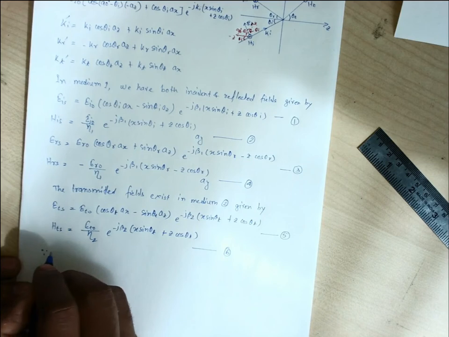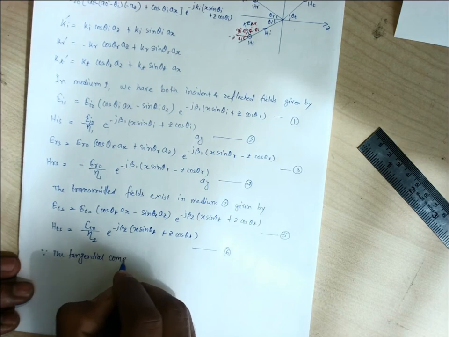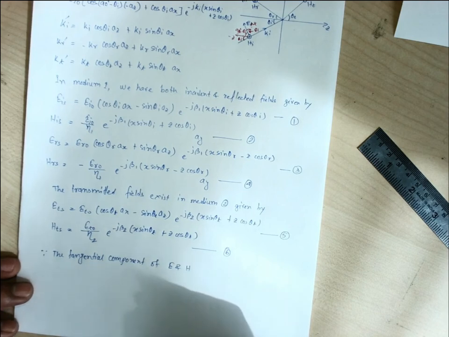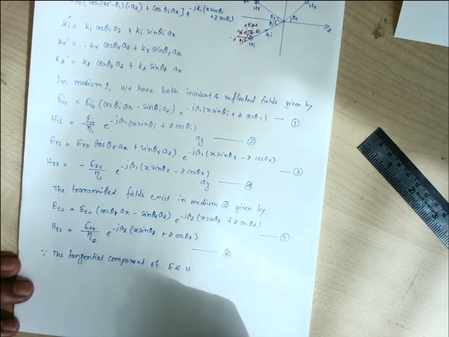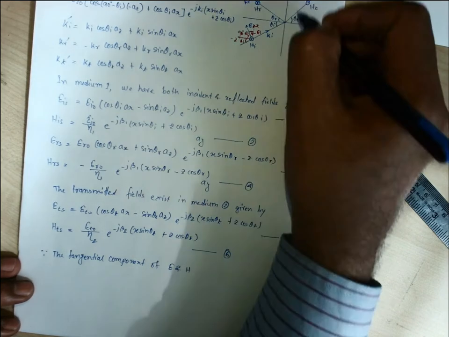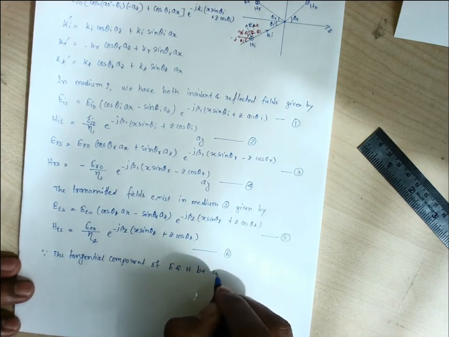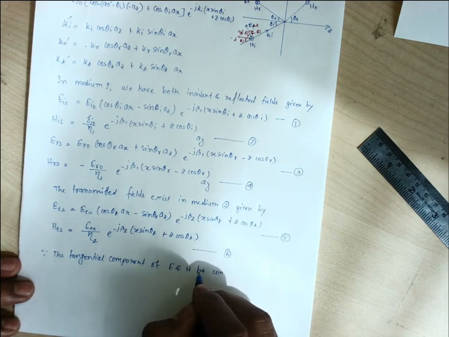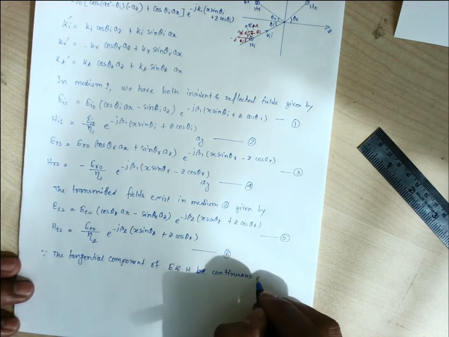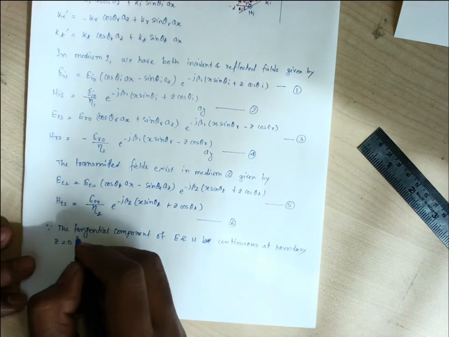Since the tangential components of E and H are continuous only when the interface is charge free, we consider the interface charge free, so E and H are continuous at the boundary z equals 0.